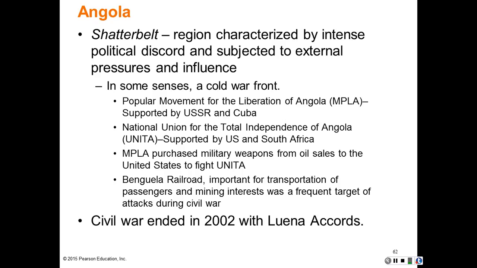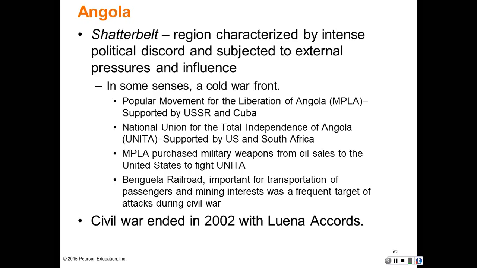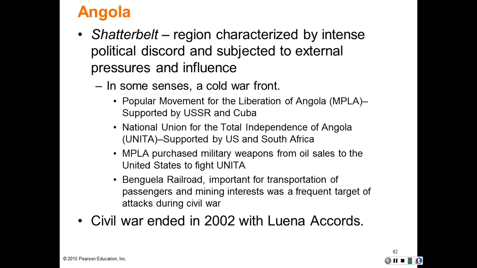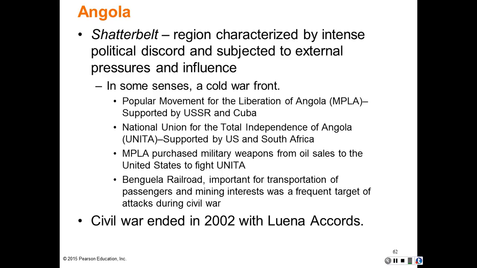The Popular Movement for the Liberation of Angola was supported by the Soviet Union and by Cuba, and the National Union for the Total Independence of Angola was supported by the United States and South Africa in opposition to the potential expansion of communist governments.